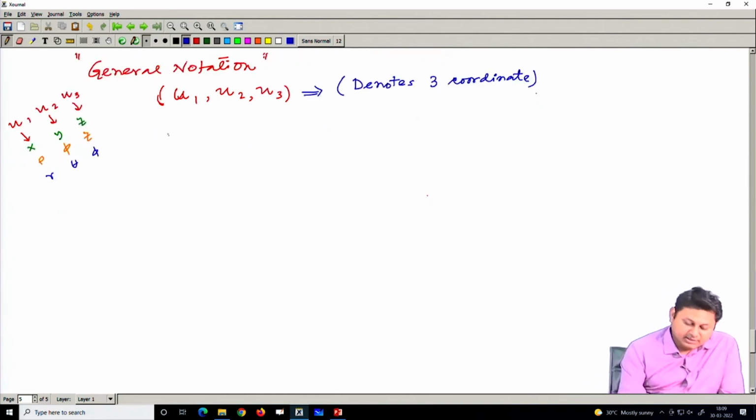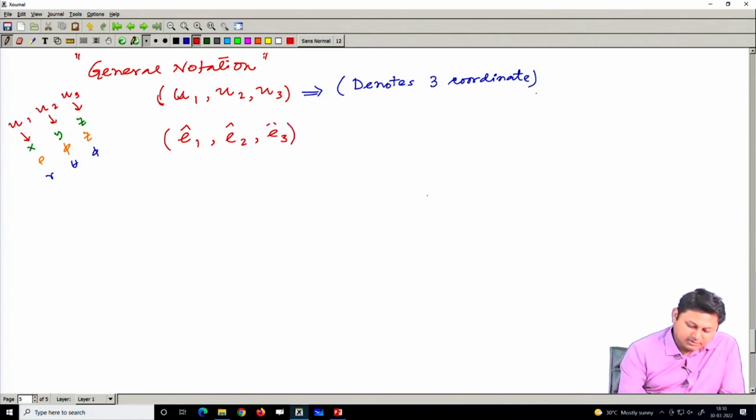The next thing I would like to mention is the unit vectors along these three coordinates, and these three unit vectors are e1, e2 and e3.